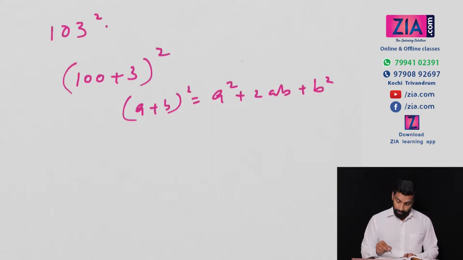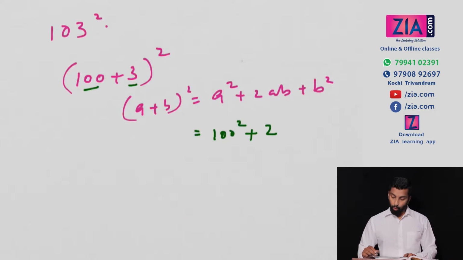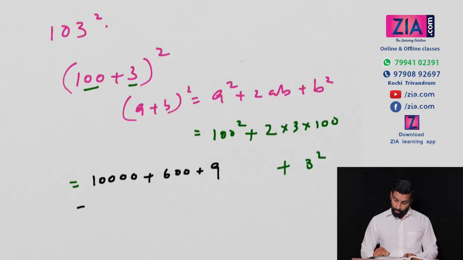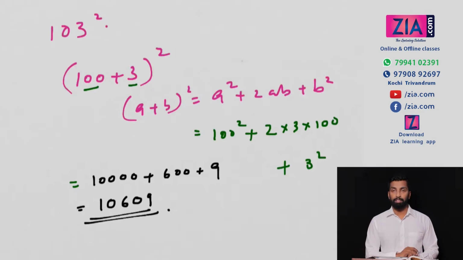Now you substitute a as 100 and b as 3: 100² + 2 × 3 × 100 + 3². So you get 100² as 10,000, plus 600, plus 3² is 9. So what is your answer? 10,609. I hope all of you understood this.